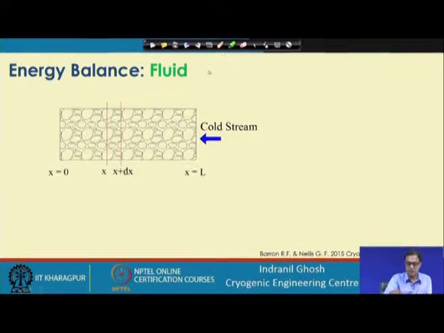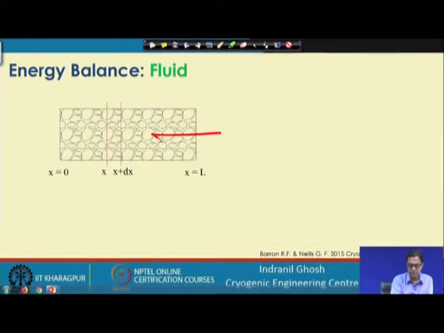That means, in one cycle the hot stream is flowing from this end to this end. In the next cycle the cold stream is flowing from this end to this end. So, the configuration is basically counter current in nature.